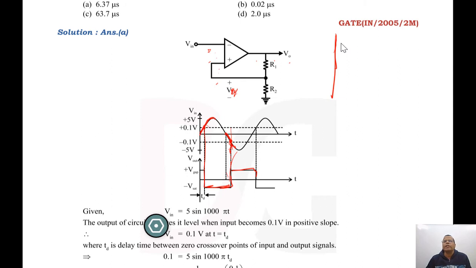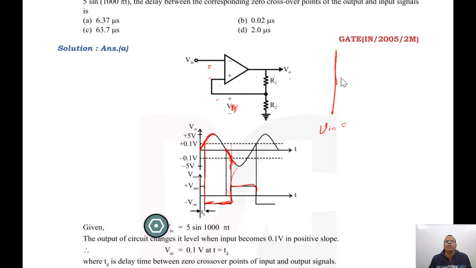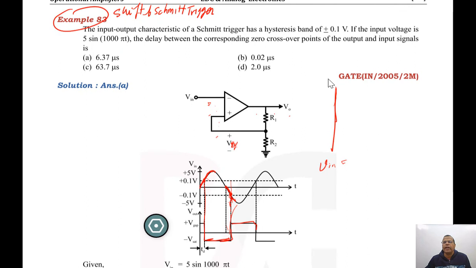So you can see what the input voltage is. Input voltage is 5 sine 1000 pi t. You have to find the delay, and that delay is this time delay, from here to here.